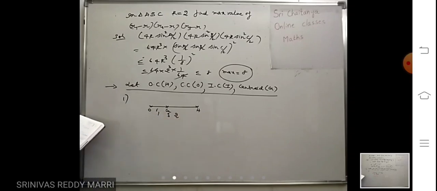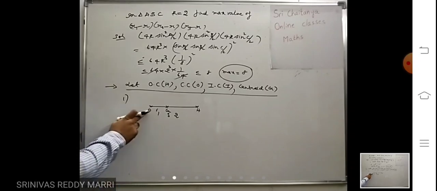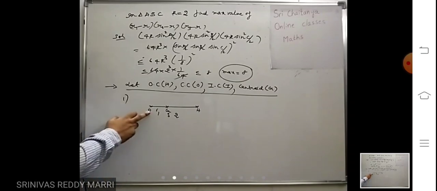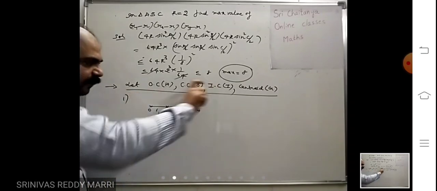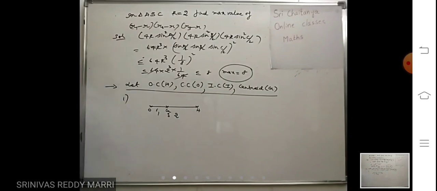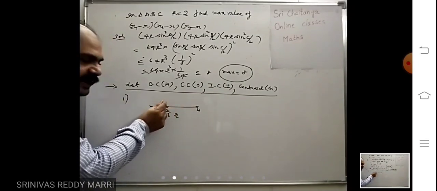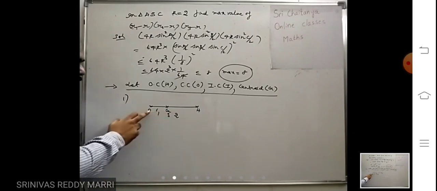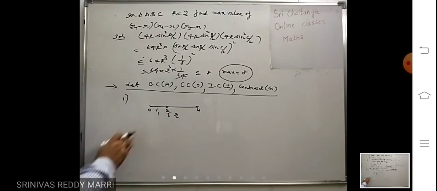Centroid divides orthocenter and circumcenter in the ratio 1:2. In any triangle, these 3 points will be collinear. In an equilateral triangle, all the 3 points will coincide.